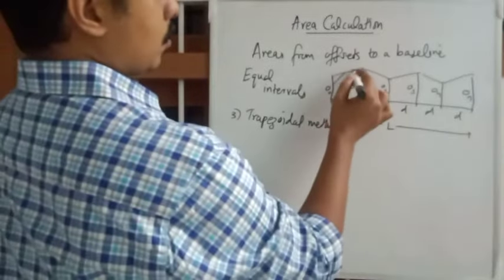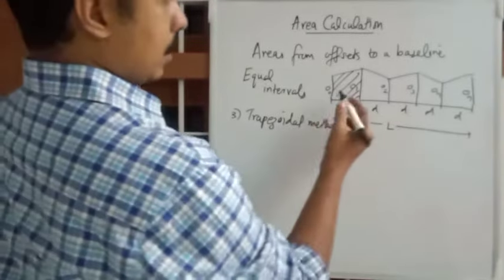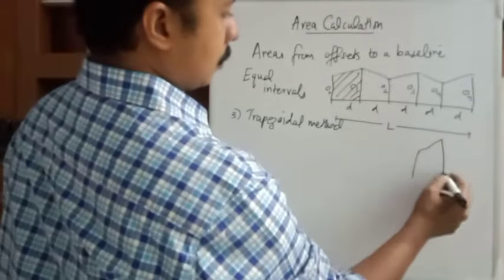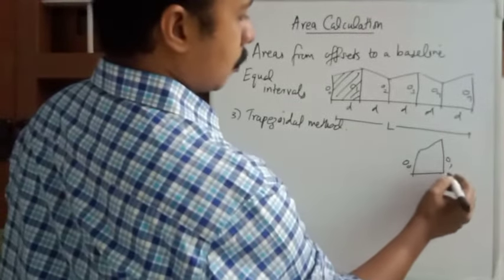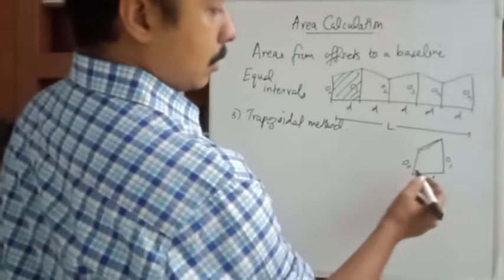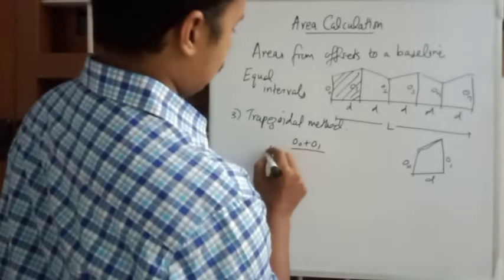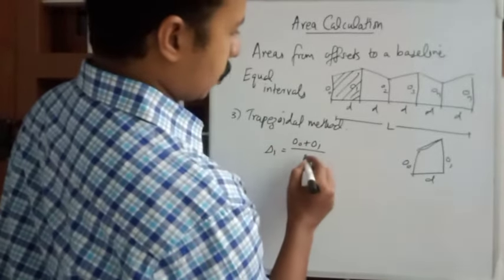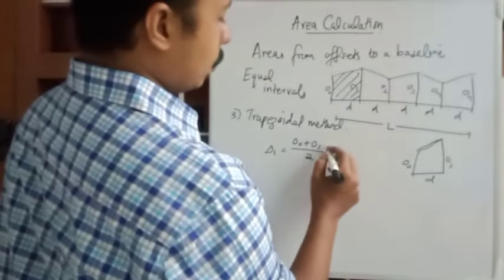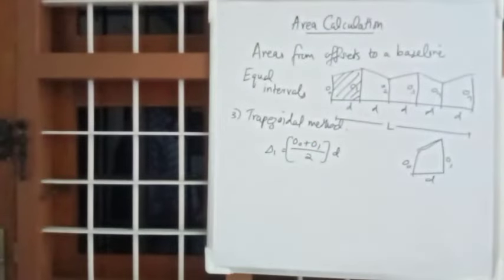Okay, so now we will be taking the first one, for example. Taking O0, O1, D as a single trapezoid, the area delta 1 is equal to O0 plus O1 average, into 2 divided by 2 into D. That's it.